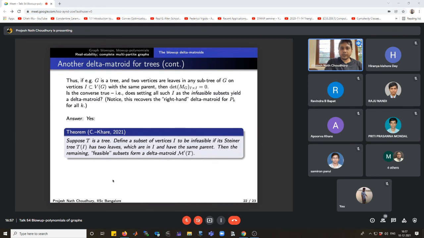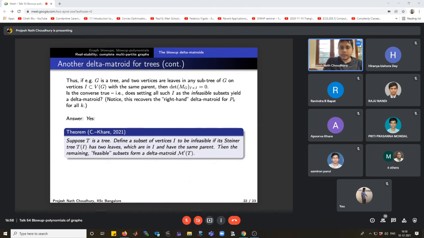For a tree, define a subset of vertices I to be infeasible, here I am defining an infeasible set, if its Steiner tree has two leaves in I that have the same parent. The Steiner tree on a set of vertices I is defined as the smallest tree containing this set of vertices.